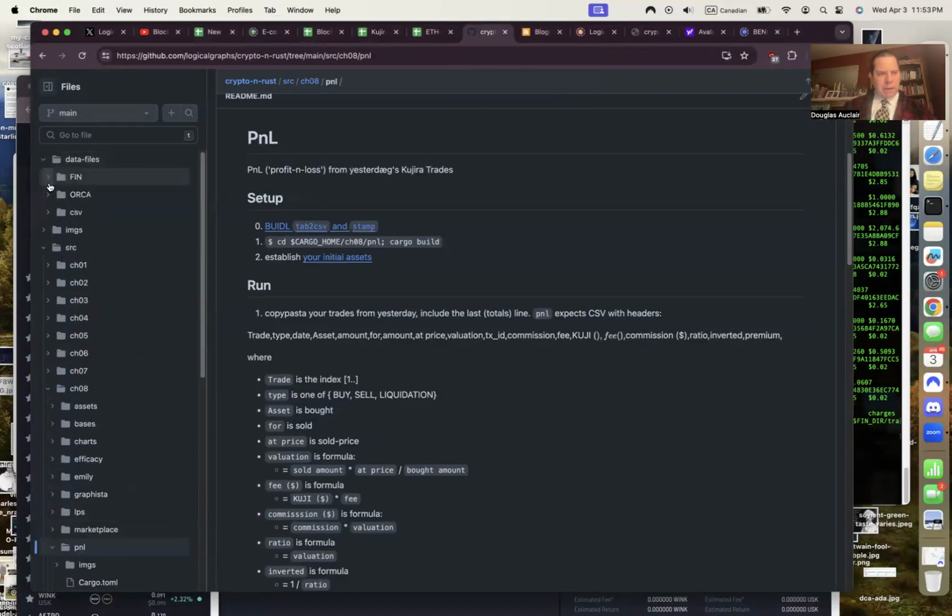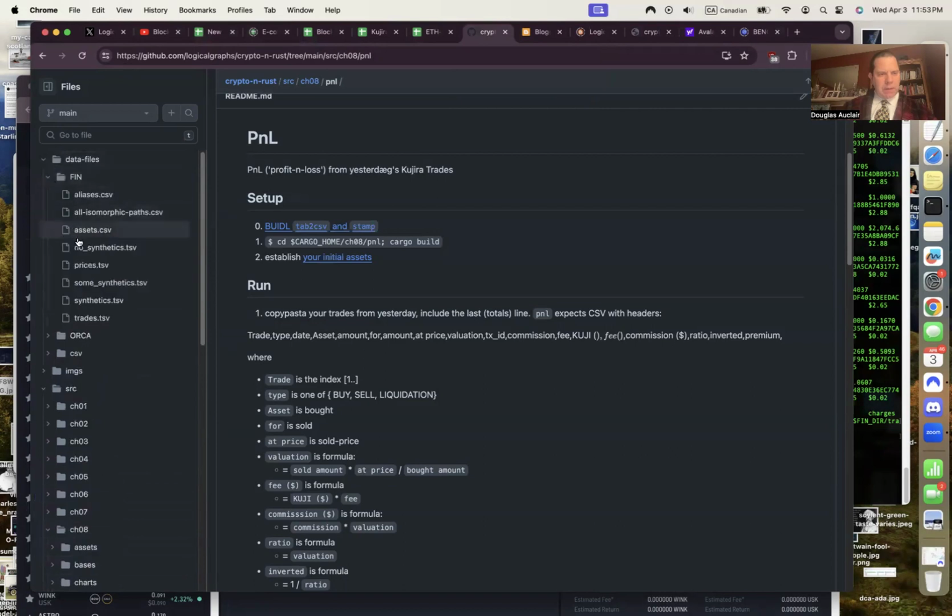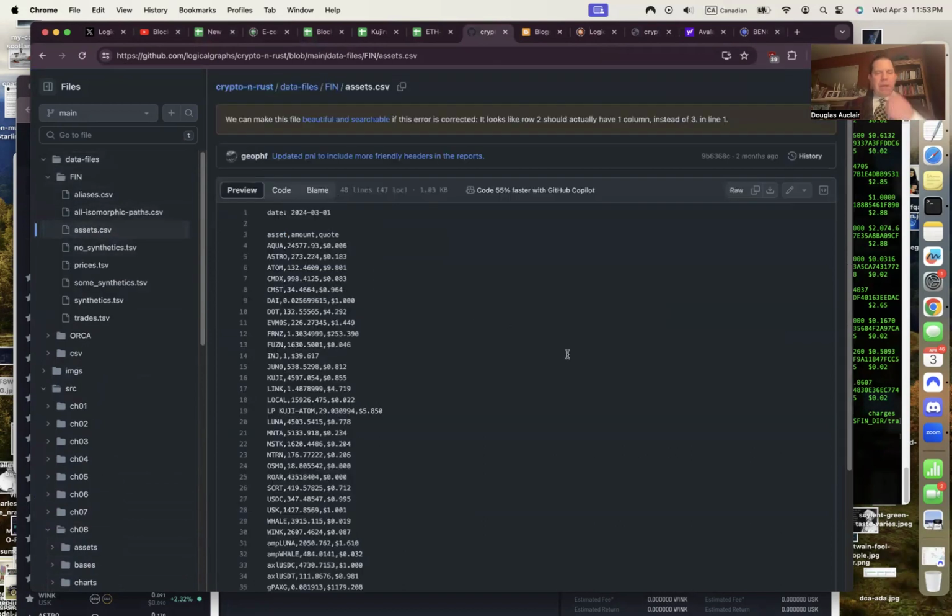Look in data files under Fin. It is the repository of information about the assets I've collected over time, including the realized price of the asset.